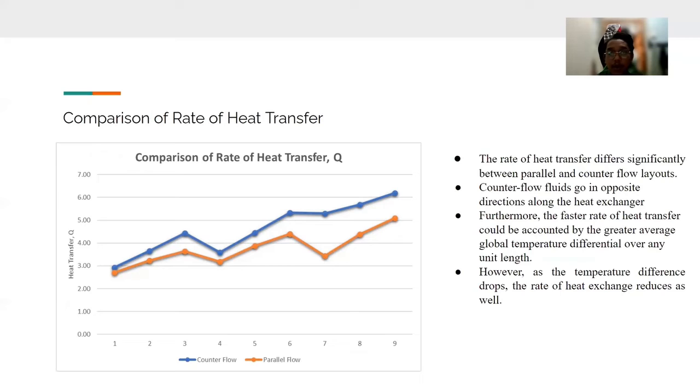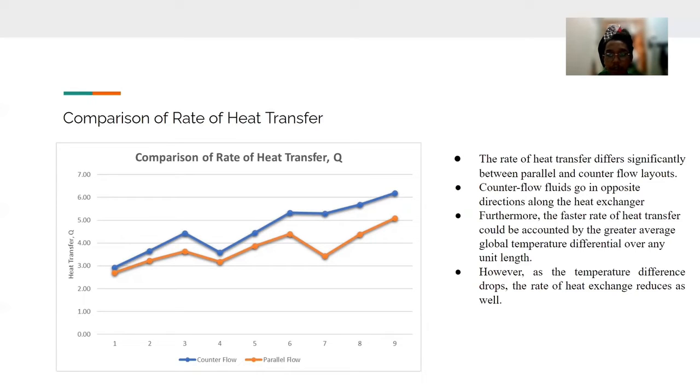For the comparison of the rate of heat transfer, we can see this graph. The rate of heat transfer differs significantly between parallel and counter flow layouts. In counter flow, fluids go in opposite directions along the heat exchanger.